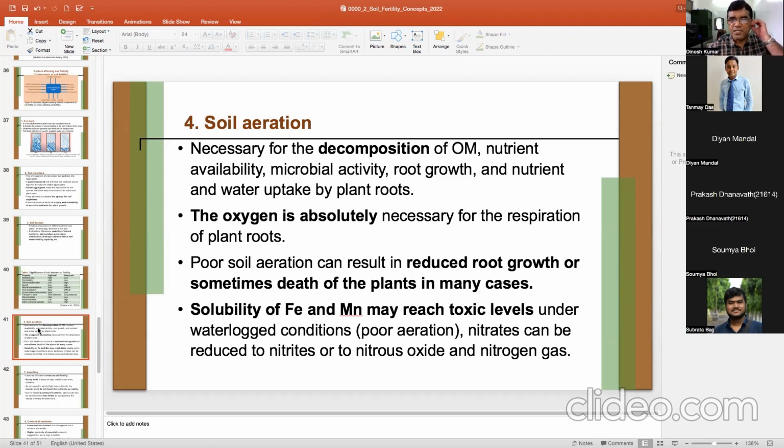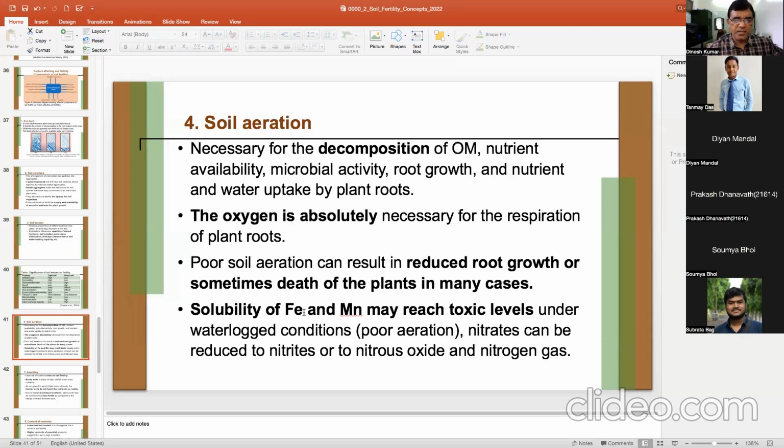Oxygen is absolutely necessary for the respiration of plant roots. Leaving rice aside, for most crops you need a sufficient quantity of oxygen. Poor soil aeration can result in reduced root growth or sometimes death of plants.